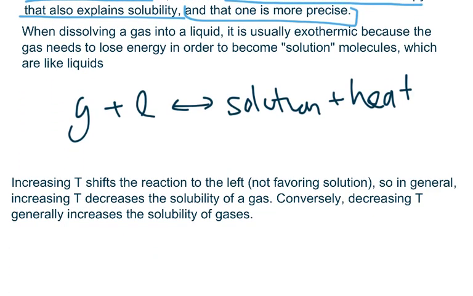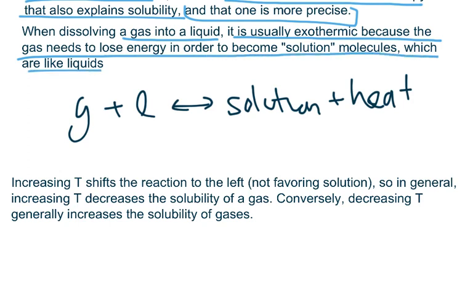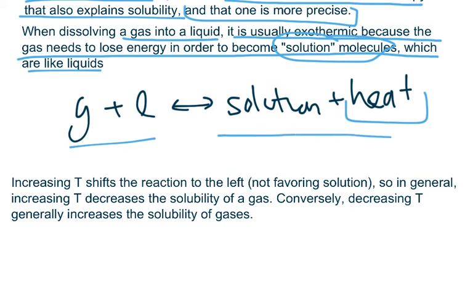Now, if we dissolve a gas into a liquid, it is usually exothermic because the gas needs to lose energy before becoming solution molecules, which are like liquids. Because if you go from a gas to a liquid, that is losing energy. So in the same way, going to a solution will make it lose energy. Since it's exothermic, the heat will be released on the right side as a product. So gas plus liquid becomes solution plus heat.